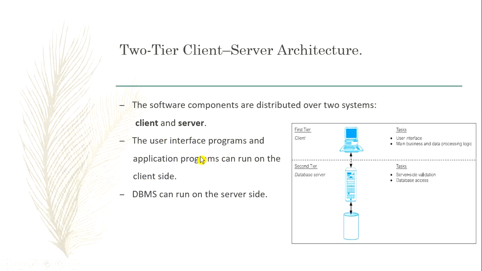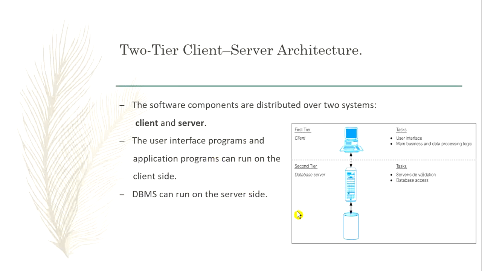As we have seen in the centralized system, everything is done or controlled by one system. But in 2-tier client-server architecture, the user interface and application programs shifted to the user side, the client side. It will take care of the application programs and user interface.